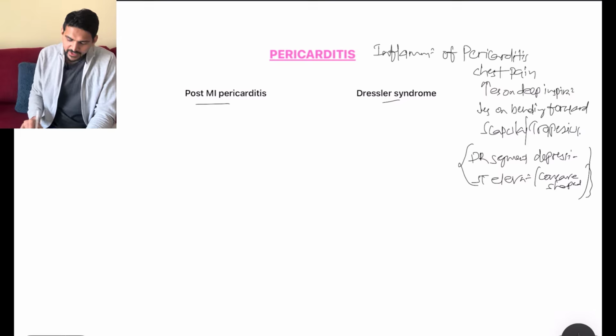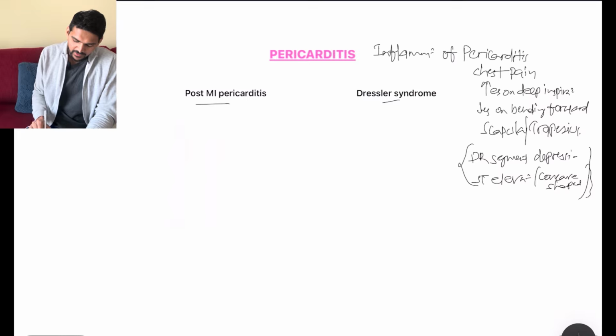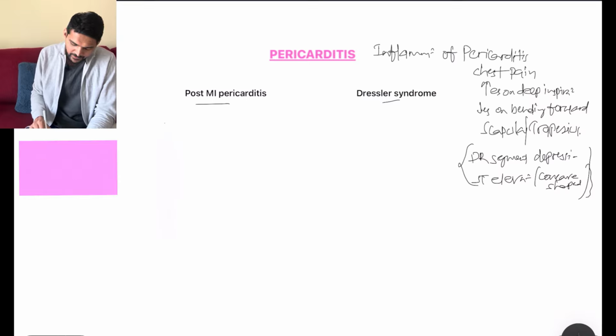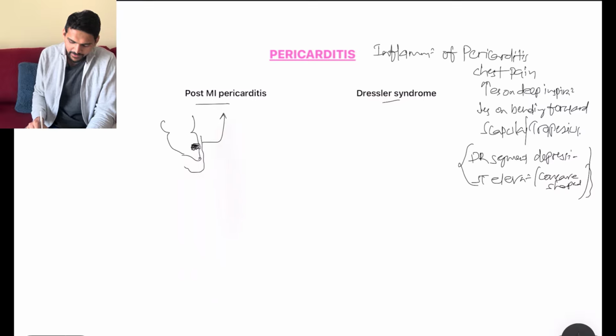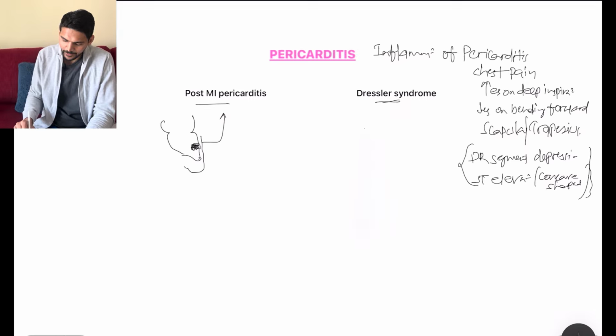But how to differentiate these two? Here just understand that post-MI pericarditis is because, whenever there is a transmural thrombus, this might irritate the surrounding layer of pericardium, leading to pericarditis. So this is the mechanism. Whereas in Dressler syndrome, what happens?